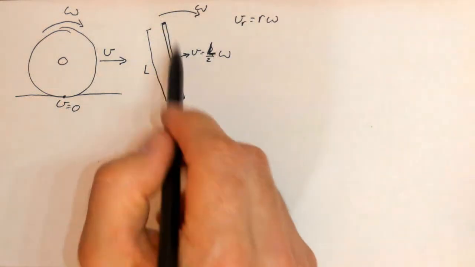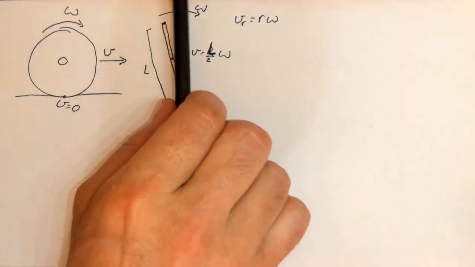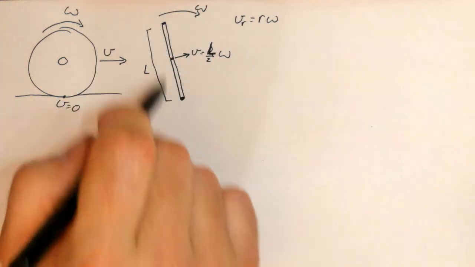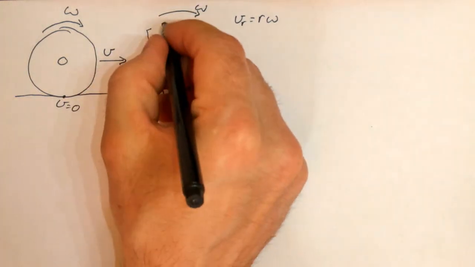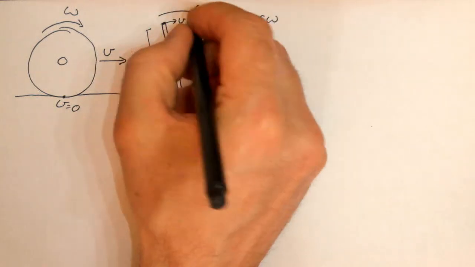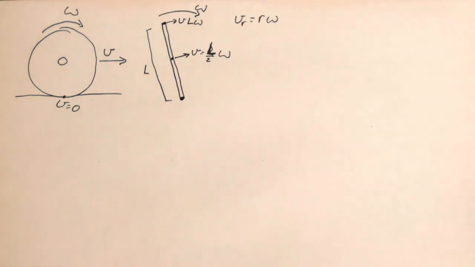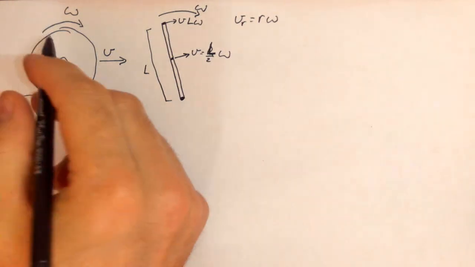And remember, omega is the same for this whole thing. It goes through the same angular distance no matter where you're at. Now this one, v here would be the full L times omega. So that's something that we understand. That's a review.